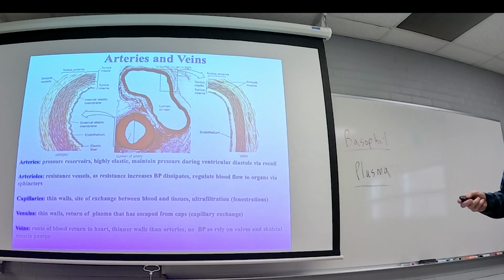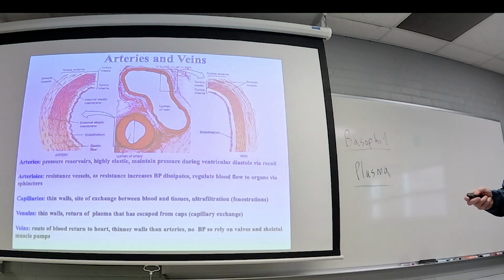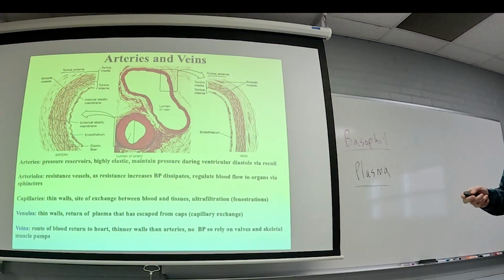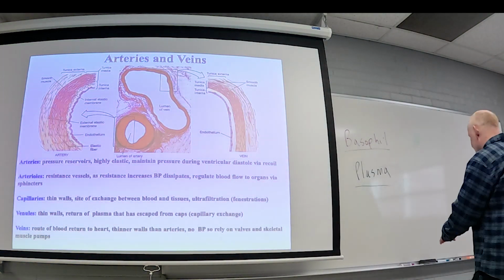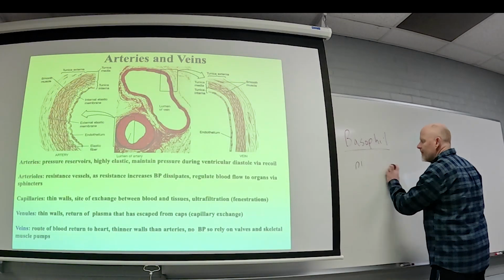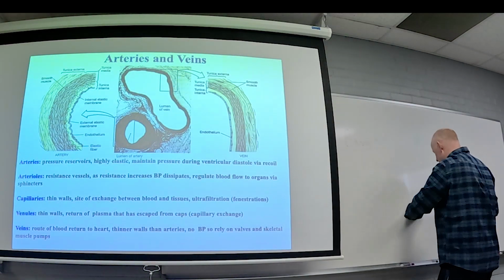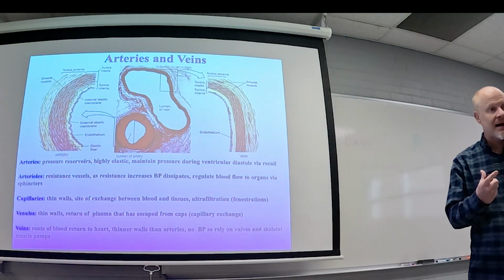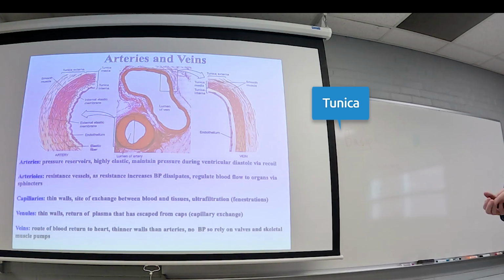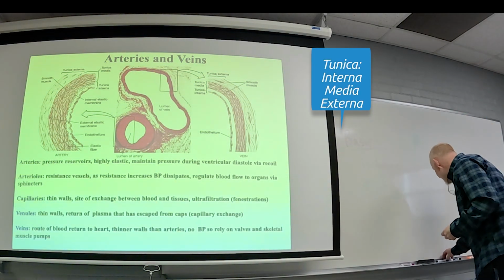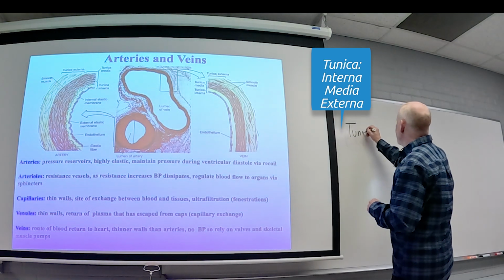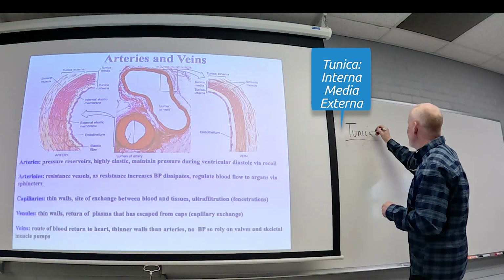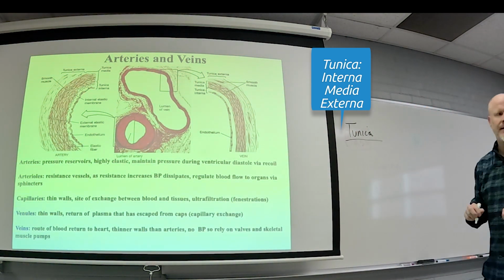And the reason for that, and we'll look at the wall right now, is because of the thickness of the wall and then what's found in the layers of that wall. And so the wall is made up of layers. Arteries and veins have the same layers. It's just they're very thin in veins. And they give them names. They call them tunics or tunica, which is the name of each layer. And that means layer.